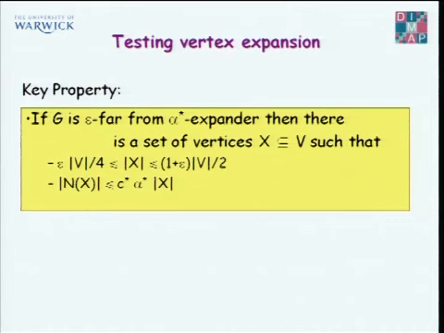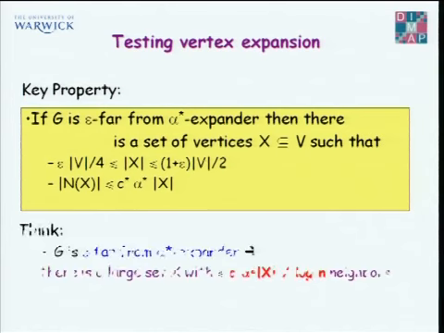So we'll have a set of vertices X, of size between epsilon times n and (1 plus epsilon) times n over 2, so that the neighborhood of this set will be smaller than or equal to that number. In my talk, whenever I'm using c, c star, it's an appropriate constant.